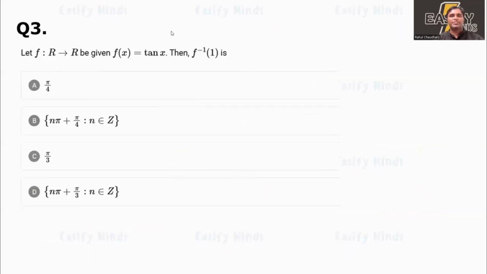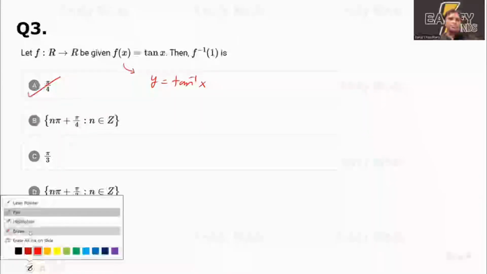Third question is f of x is tan x, so we have to find f inverse of 1. Tell me the answer fast. The answer is option A, pi by 4. I will assume this as y. You know how to find the inverse of any function. This is tan x, y is equal to tan x.